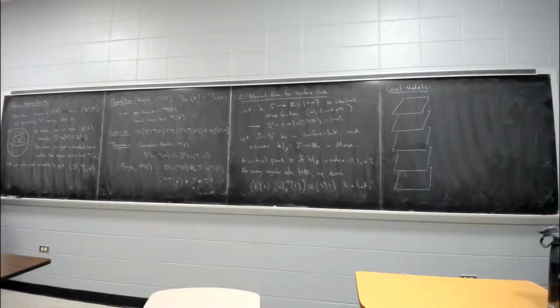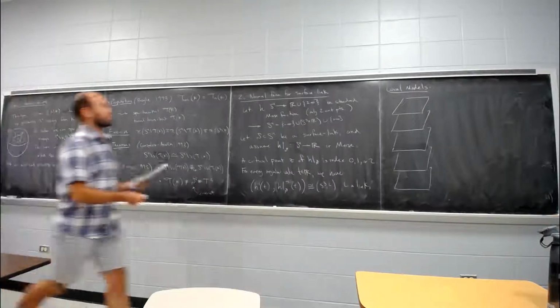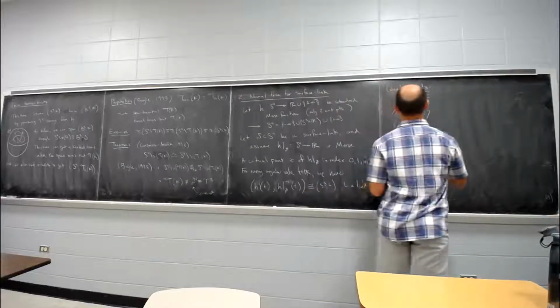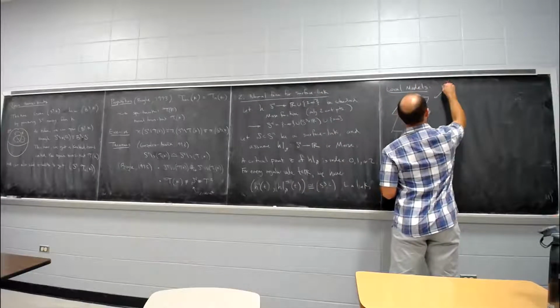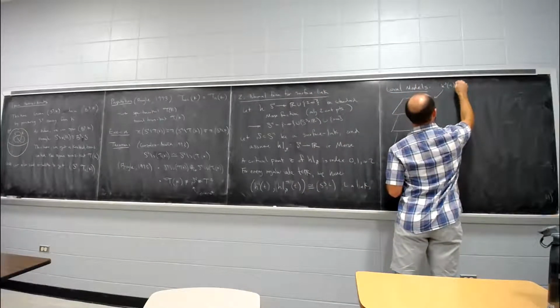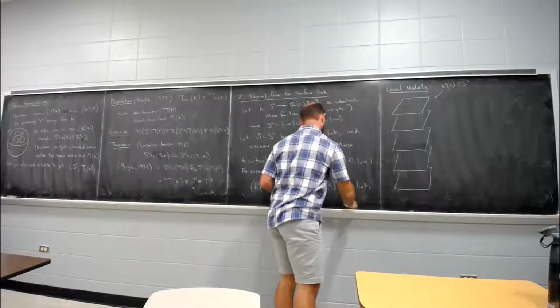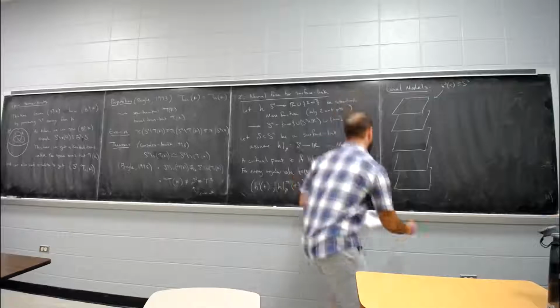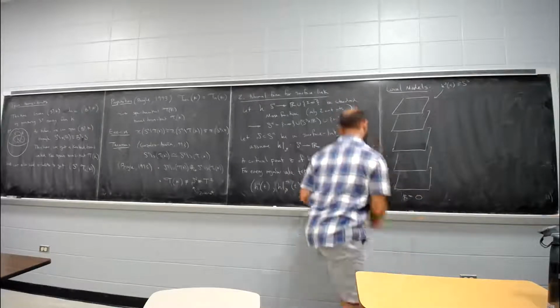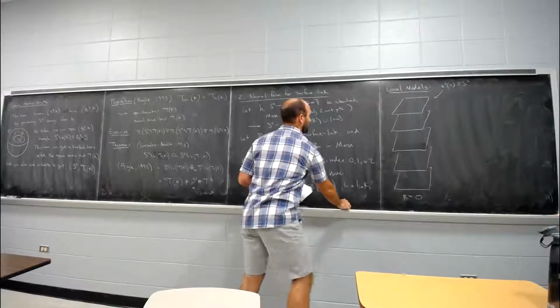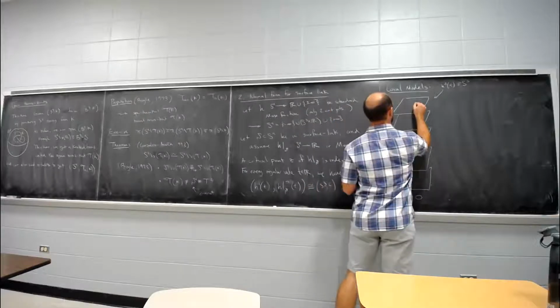Each of these is H inverse of t, a copy of the 3-sphere. So let's look at an index 0 critical point.